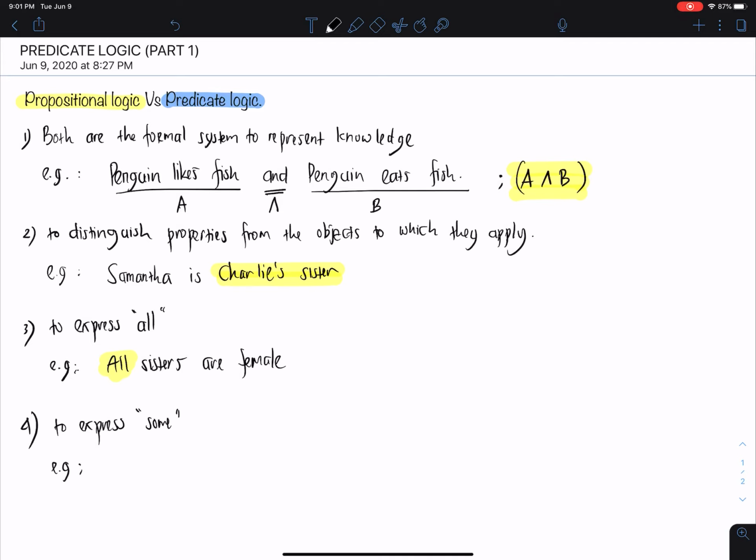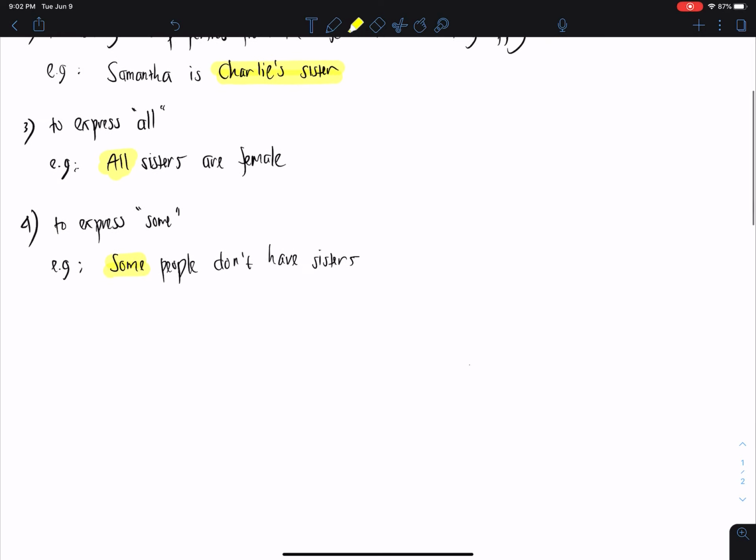For example, to say some people don't have sisters. Again, to represent some here, propositional logic doesn't have that kind of function.